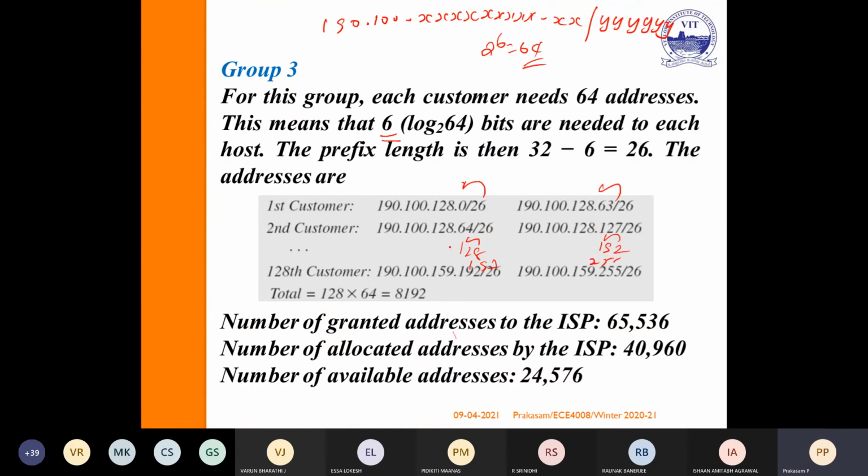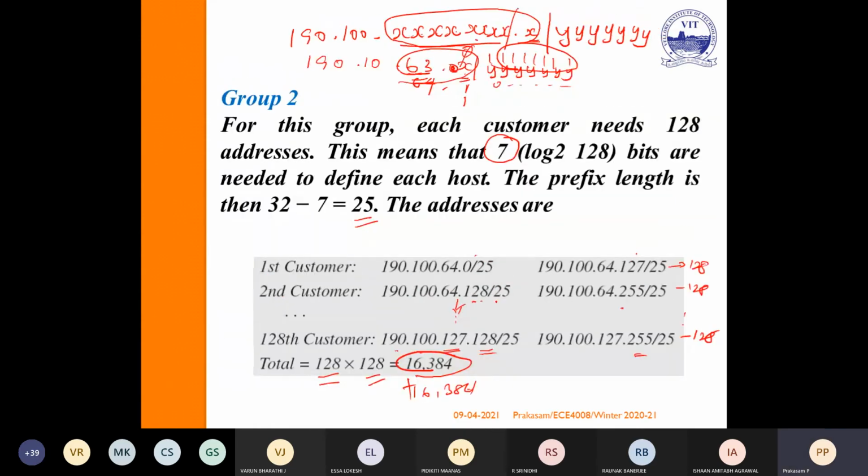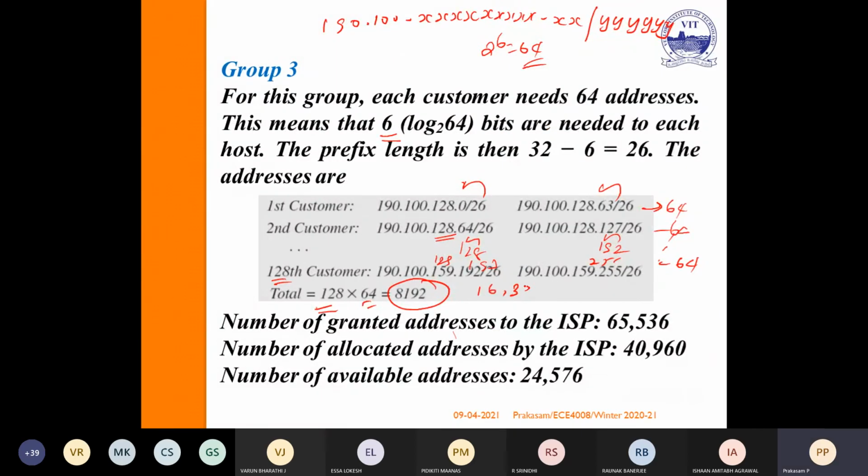In a similar way, I am going to increase this from 128 to 129, up to 128 customers. If you see here, for each 64 addresses, for 128 customers, the total is 8,192. Adding the previous blocks, 16,384 plus 16,384 plus 8,192.